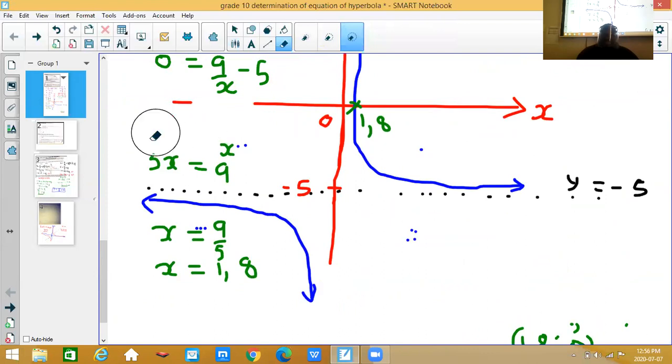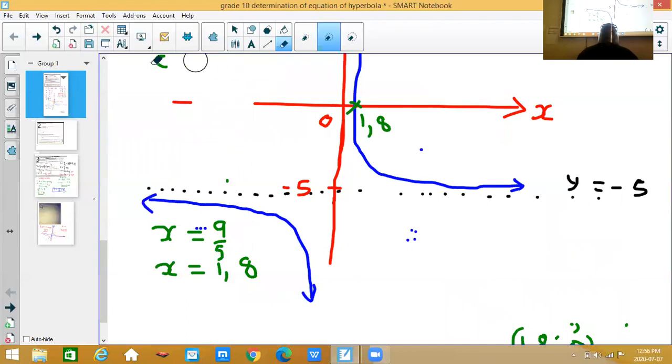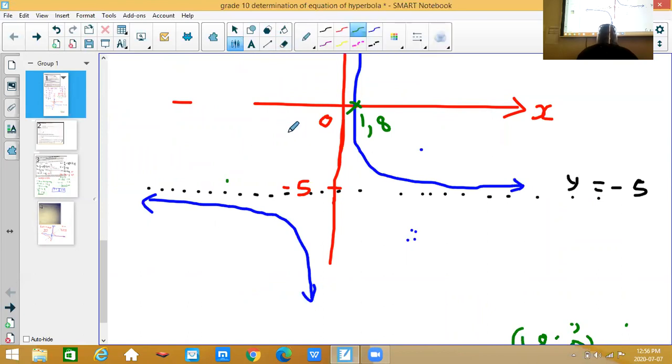Now, on the axis of symmetry, what is it that we need to look at? Since a is positive, if you remember what we did yesterday, when a is positive, what did we say?